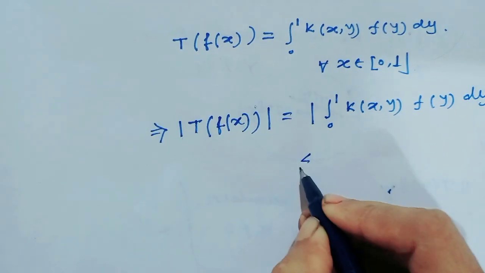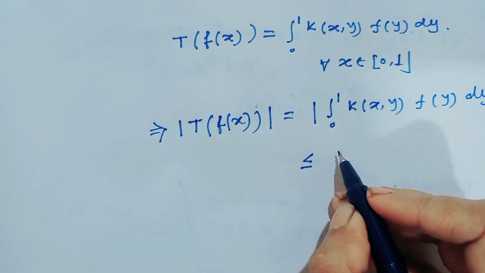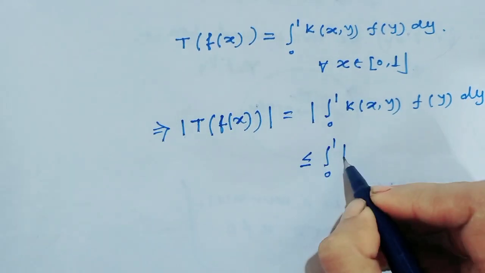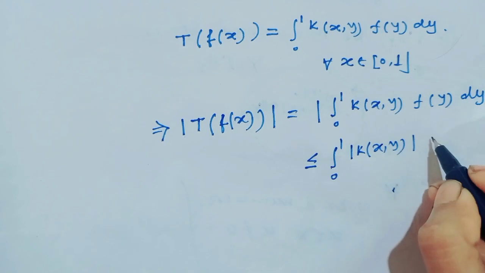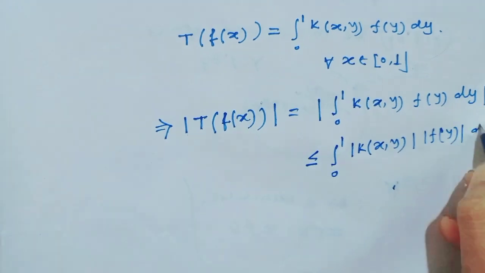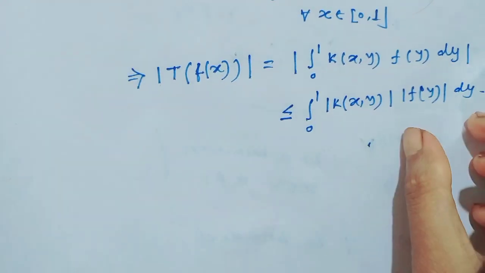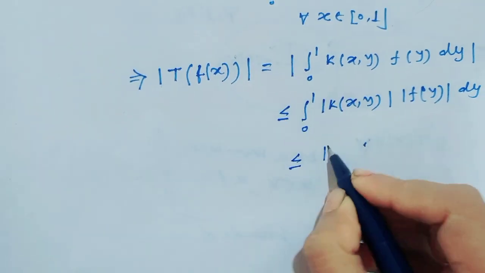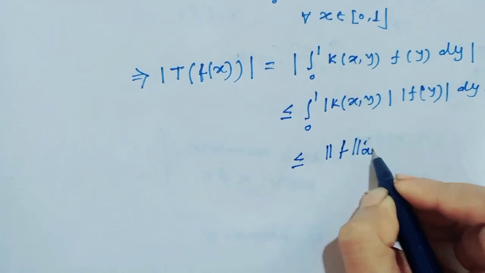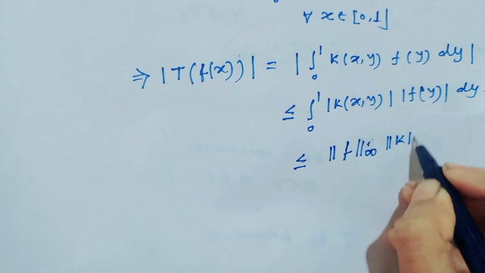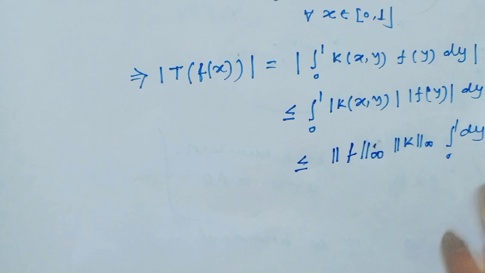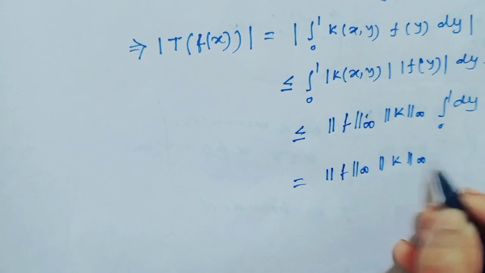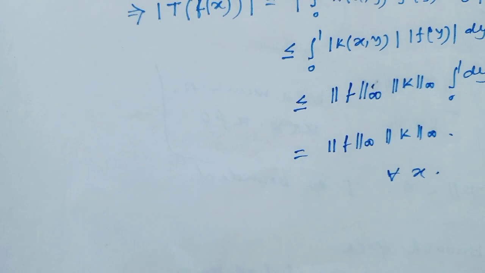Obviously, we can write this is less than or equal to the integral from 0 to 1 of the absolute value of k(x,y) times the absolute value of f(y) dy, and obviously this |f(y)| is less than or equal to the norm of f infinity. So this is less than or equal to the norm of k infinity times the integral from 0 to 1 of dy. Therefore, this is less than or equal to the norm of f infinity times the norm of k infinity, and this is true for all x.